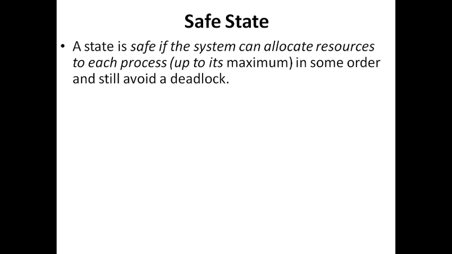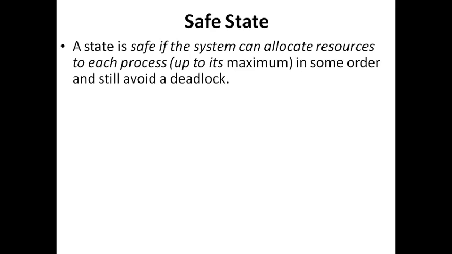If the operating system has certain resources and is able to verify that it can complete process 1 with those resources, then once process 1 is completed, it can get back all the resources allotted to process 1, and its total available resources will increase. With this increased list of resources, it may be able to complete another process. So in that way, if it is able to find some order such that it can finish all the processes one by one, then that state of the system is called a safe state.